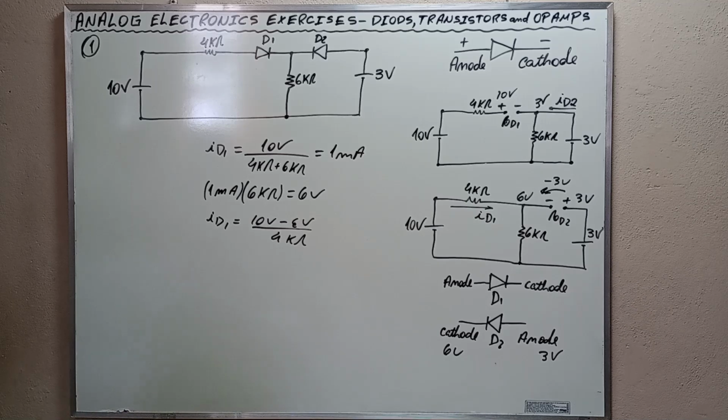Thus, VD2 is negative 3 volts, which is consistent with the assumption that D1 is on and D2 is off, since for D2 the cathode is higher in potential than its anode. Nevertheless, for conduction, the anode must be higher in potential than the cathode, as in the case of D1.